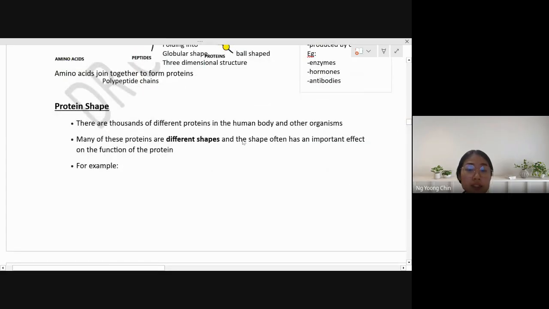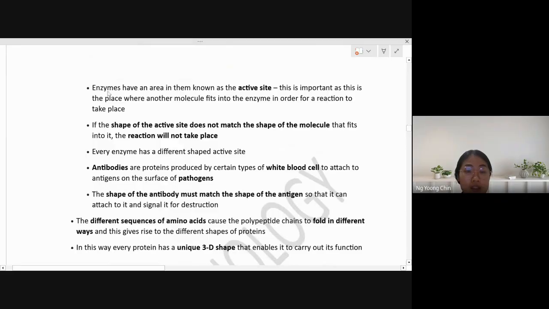This tells you that many proteins have different shapes, and the shape affects the protein's function. For example, the enzyme, which you will learn in the next chapter, has an active site. This active site has a specific shape, with a complementary shape to allow the substrate to fit in.